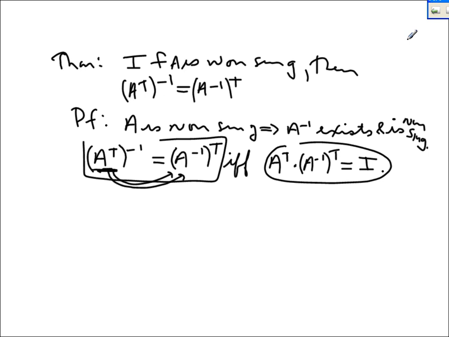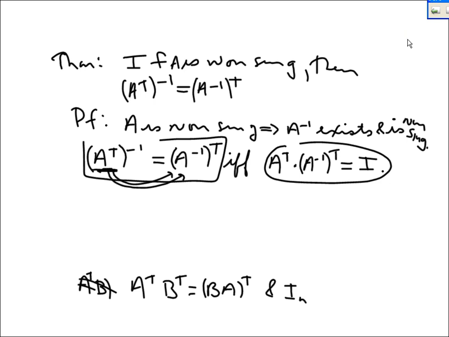Now, remember, scratch that. A transpose B transpose is BA transpose, and the transpose of the identity is just the identity.